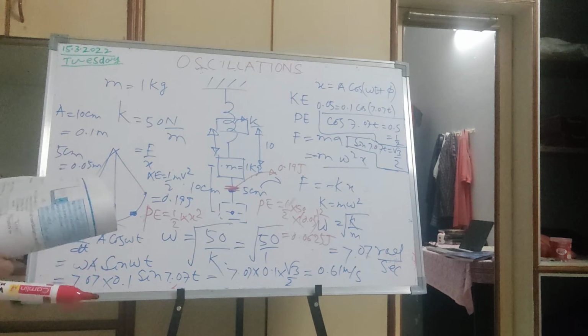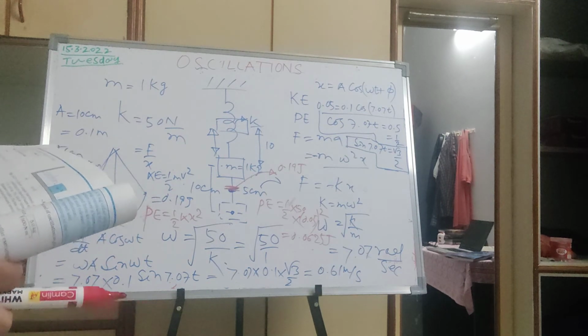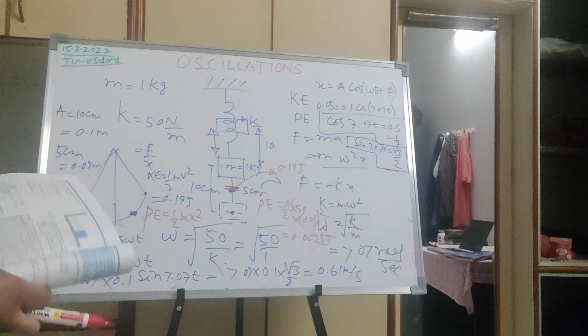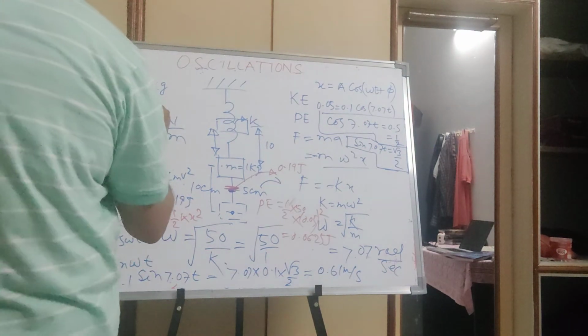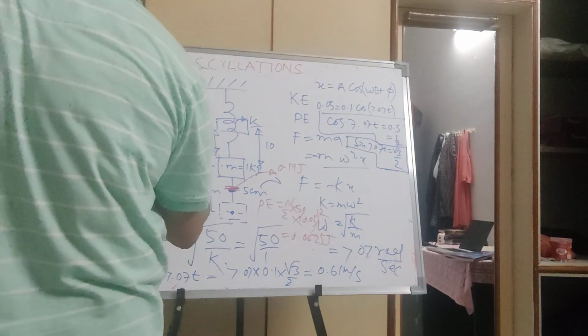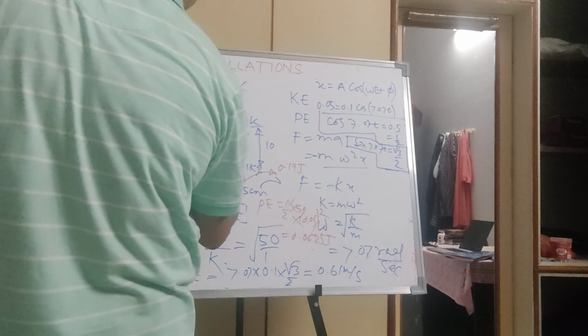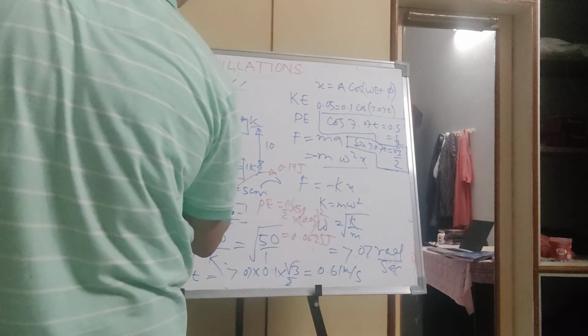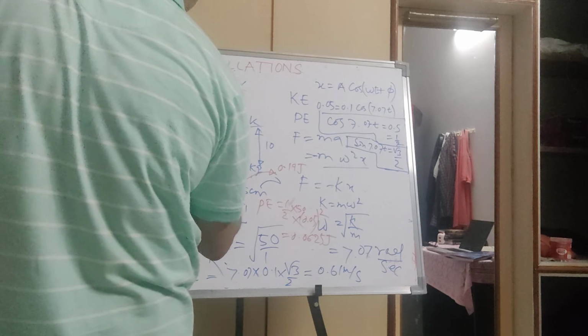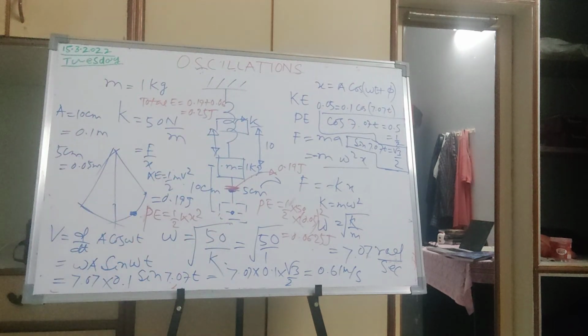The total energy is 0.19 plus 0.06, which is equal to 0.25. This is the total energy.